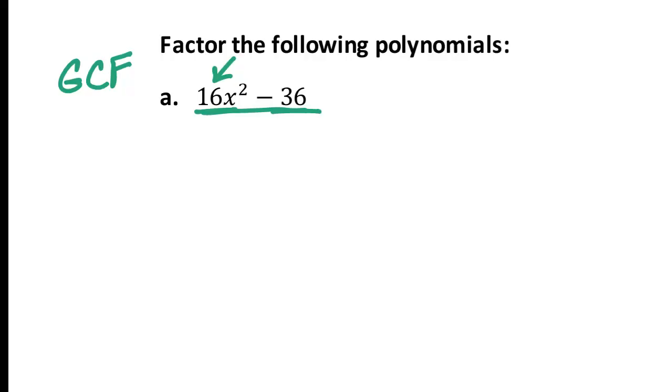Well, what kind of numbers are they? Start with 16. You always look at your smallest coefficient. Does 16 divide into 36 evenly? Yes? No? Maybe? No.